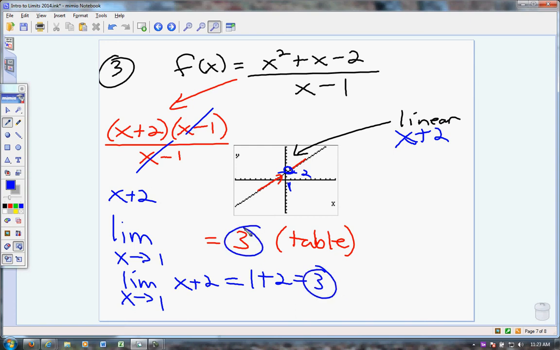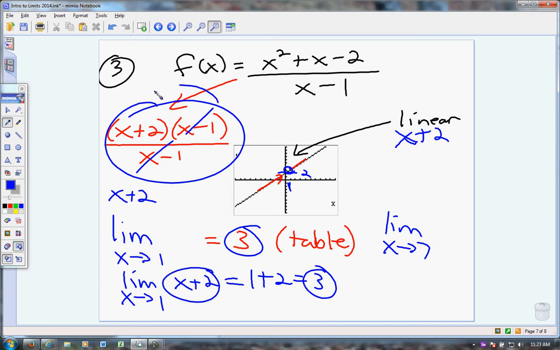Now what if I wanted to find the limit as x approaches 7? Do I need to even go through all of this? I wouldn't. Isn't it easier to work with x plus 2 than it is to work with this big mess up here?